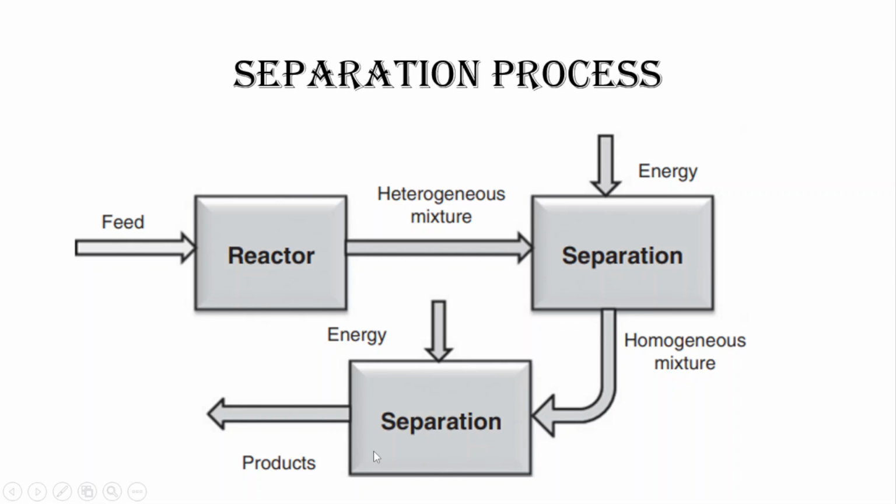That can be distillation, evaporation, absorption, extraction. All these things can be done to get your desired products. And thank God, ASPEN has particular models that can be used to do separation.